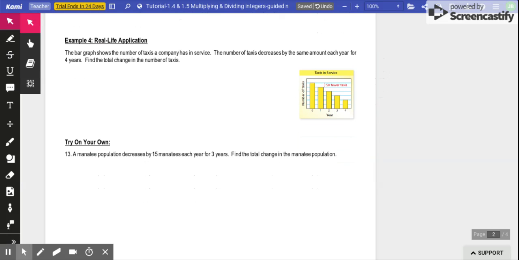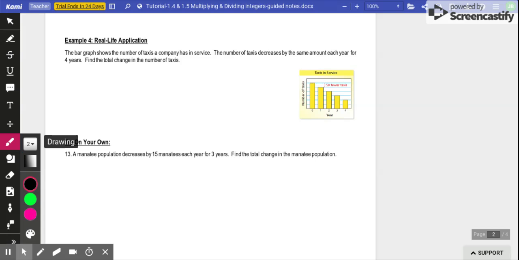Example 4, our real life application, says the bar graph shows the number of taxis a company has in service. The number of taxis decreases by the same amount each year for 4 years. Find the total change in the number of taxis. Every year, it looks like we are decreasing by 50 taxis, consistently losing 50 taxis.